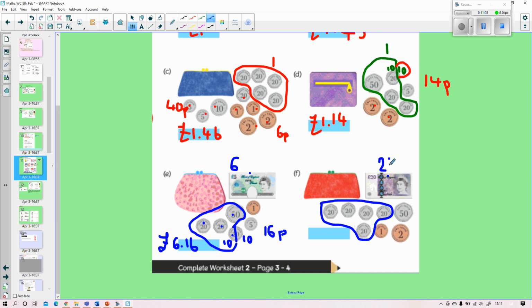I've already got £21 I can see really easily. Then I've got 50, 2 and 1. 53 pence. Bring them together. £21 and 53 pence.